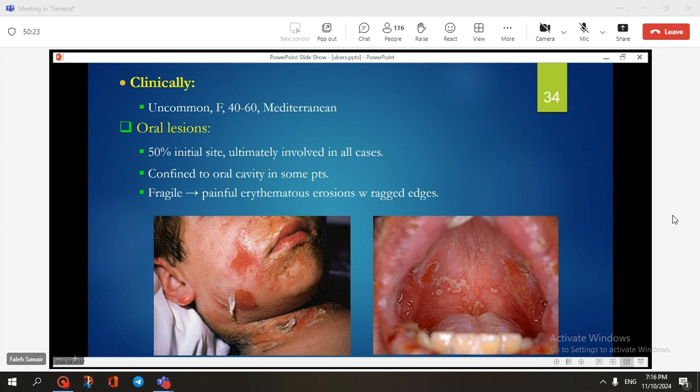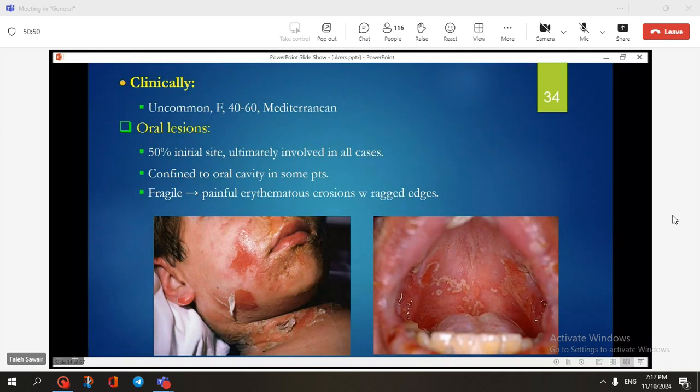The oral cavity is the initial site in 50% of the patients. They develop lesions in the oral cavity, but ultimately all the patients will have skin lesions. So it can present in the oral cavity, but it will affect the skin. In a very small percentage of patients, it is confined to the oral cavity.